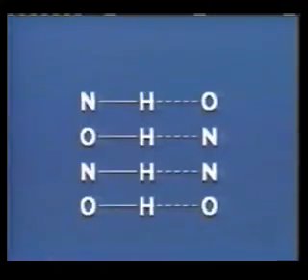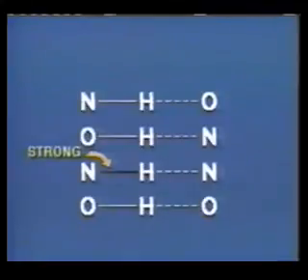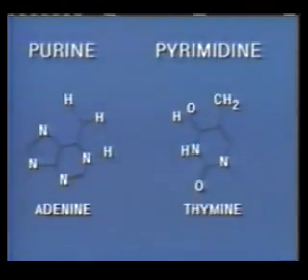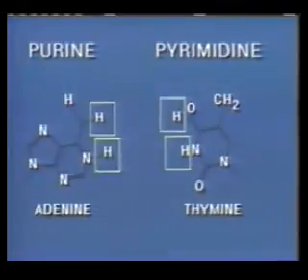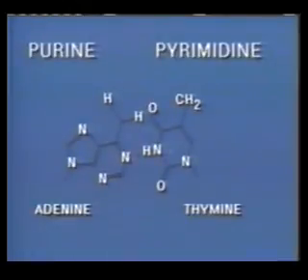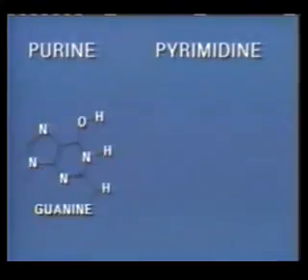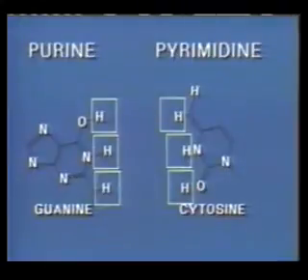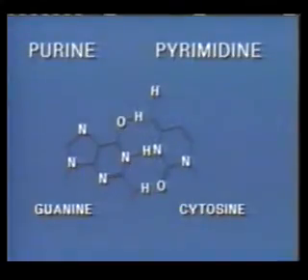In each case, one of the bonds is strong and the other weak. Adenine and thymine are capable of forming two of these bonds, which restricts them in DNA to combining only with each other. In contrast, both guanine and cytosine form three of these bonds, so they too must always pair up.